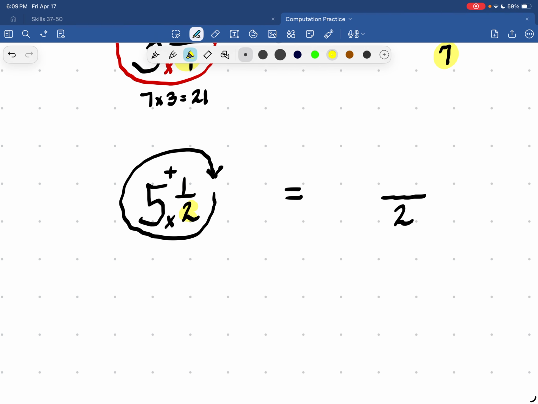The denominator is a 2 this time, so just bring it over. Then 2 times 5 is 10, and 10 plus 1 is 11. So that would be the top number there.